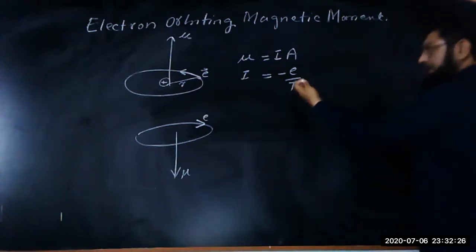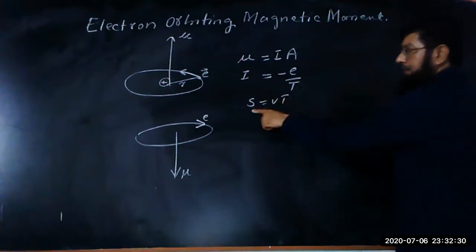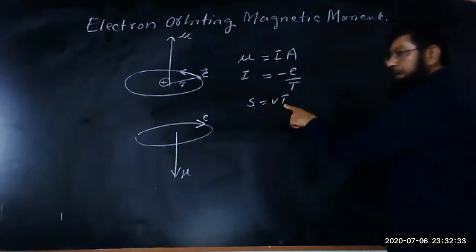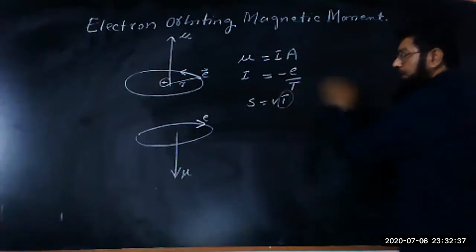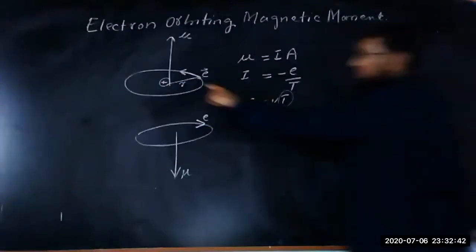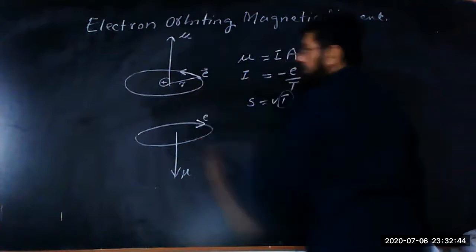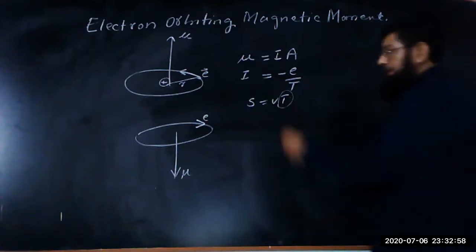Using the basic equation, S is equal to V t, where S is the distance, T is the time period, and V is the velocity of the electron. If T is the time period, then the distance will become the total circumference of the circle, because the time required to complete one rotation is known as the time period.